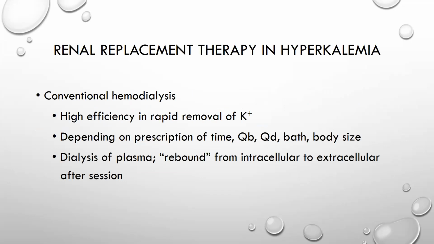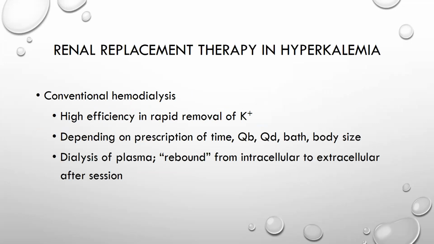So renal replacement therapy in hyperkalemia, obviously we do it. Options are CRRT versus conventional intermittent. Conventional is highly efficient in rapid removal of potassium. Again, it depends on the prescription, which includes time, how long it's run, blood flow, dialysate flow, what potassium bath you're using, and your body size, of course.